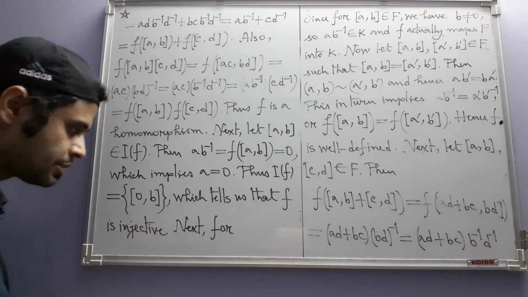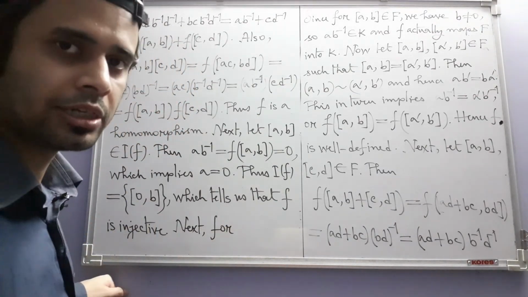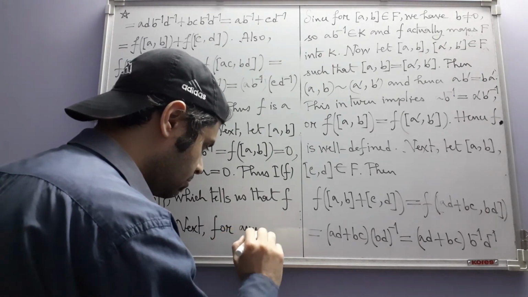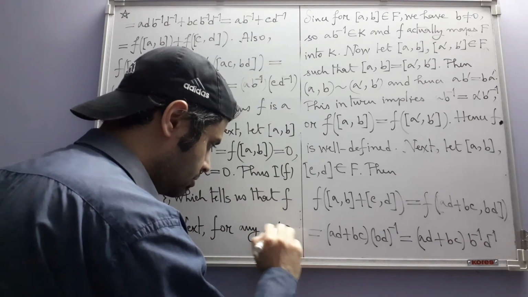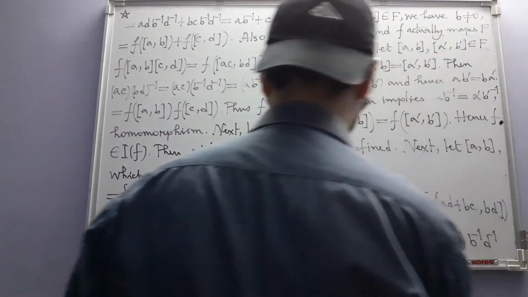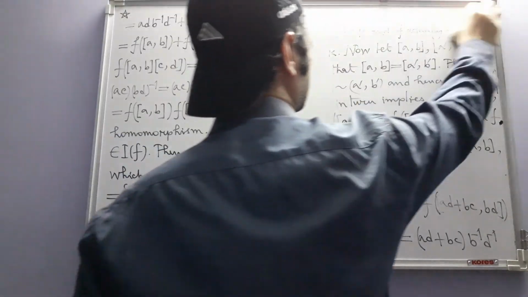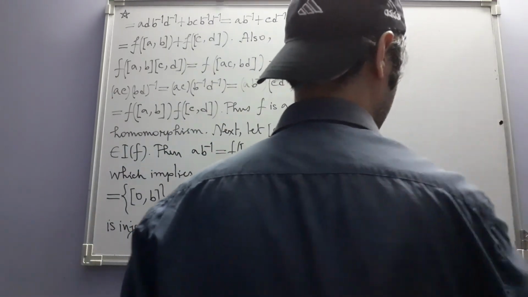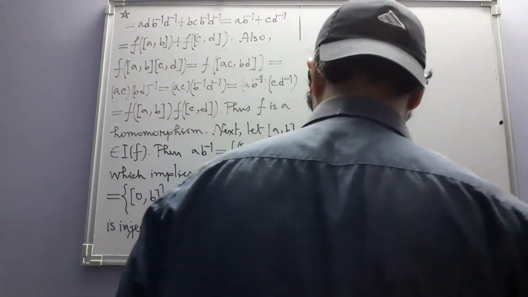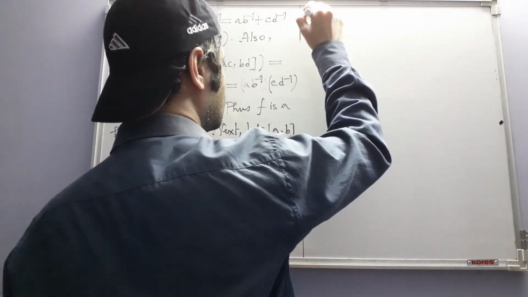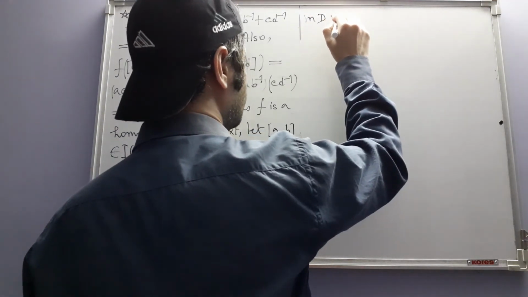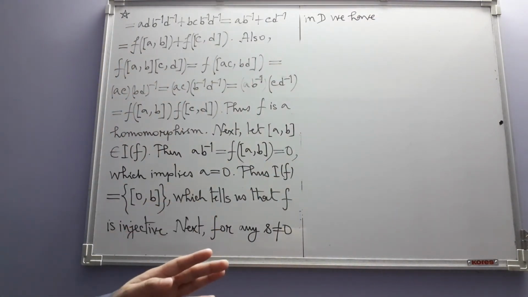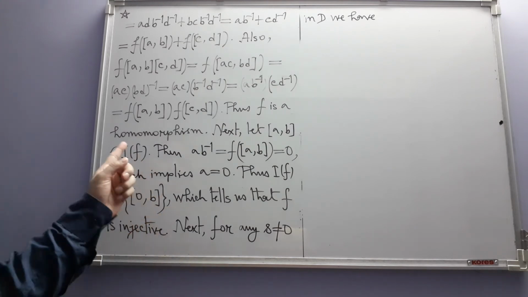Because I noticed it now, because now I need a non-zero element in D. Next, for any S not equal to 0 in D, we have, recall that in the case where our integral domain is non-zero, what was the unit element in capital F?